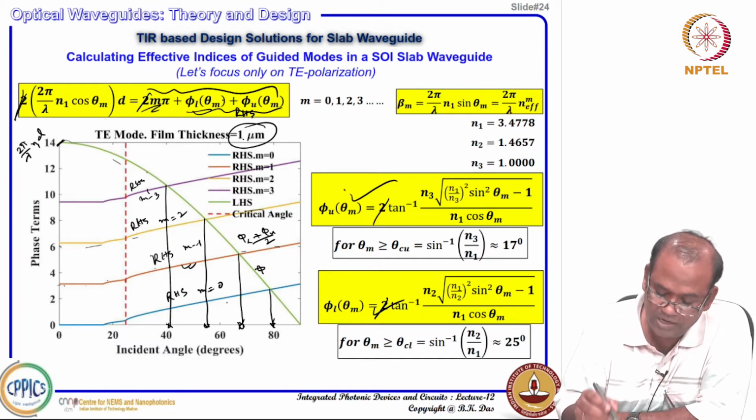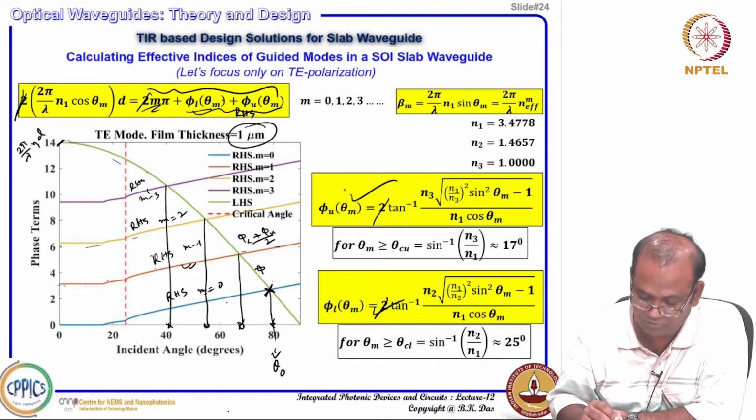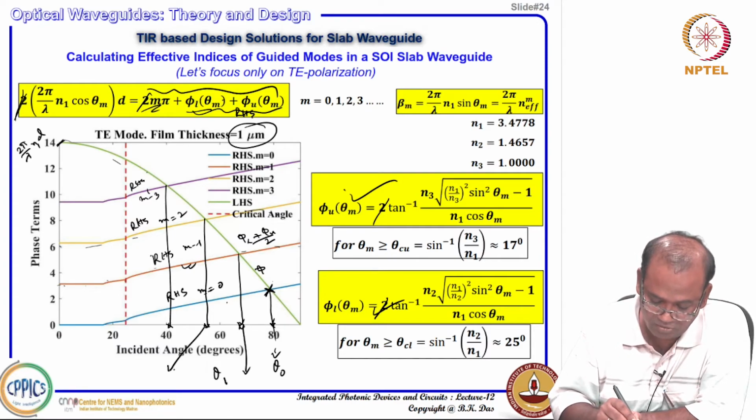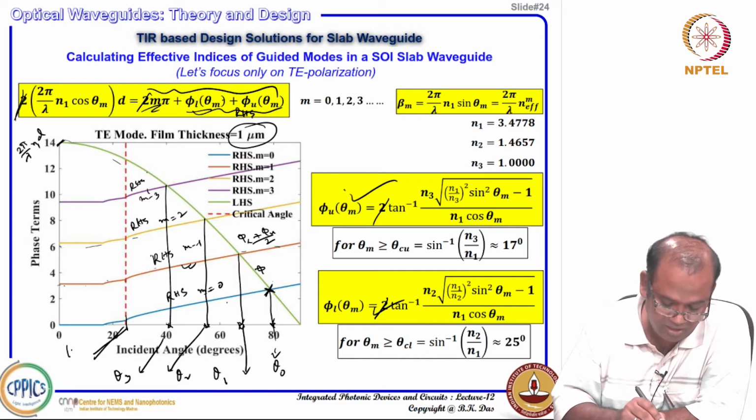So, if d equal to 1 micrometer, and you consider these solutions, this is for m equal to 0. Whatever solution you get, that is actually theta 0, this solution you get theta 1, this solution theta 2, and this solution is actually critical, this is 25 degrees, this is theta CL.